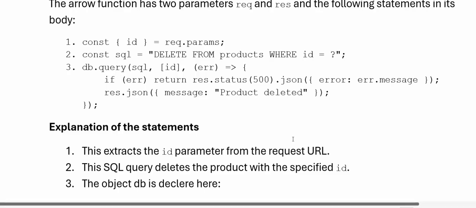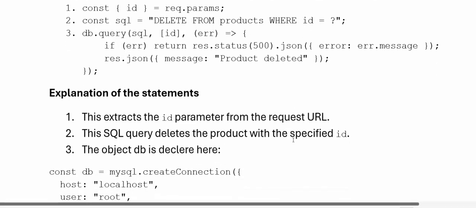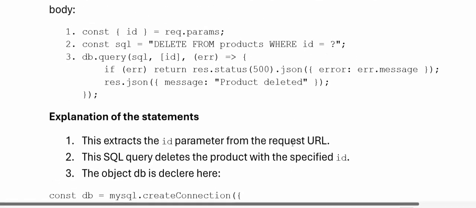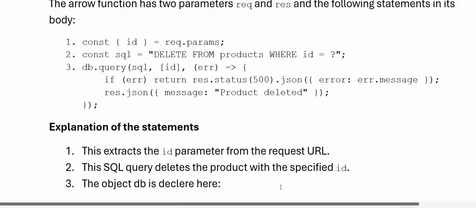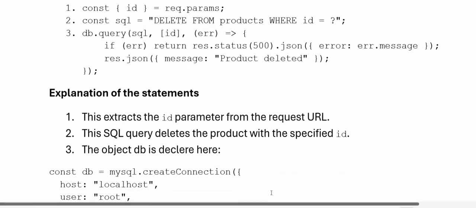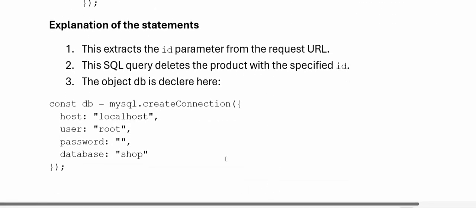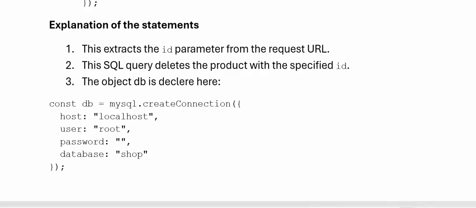And number three, I go down. Here it is. The object db is declared here. You see it up in the server.js declaration.